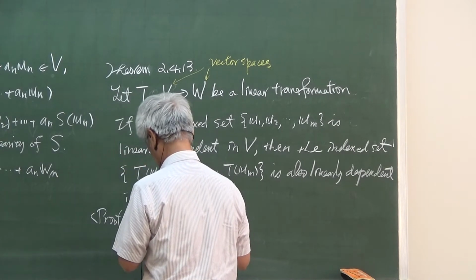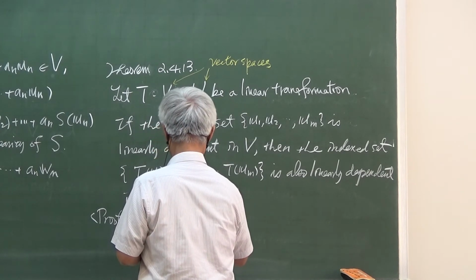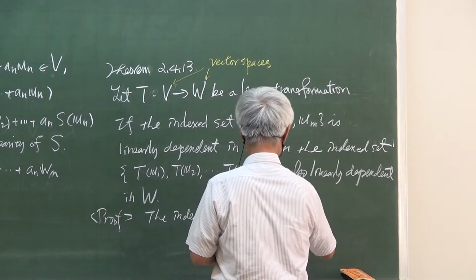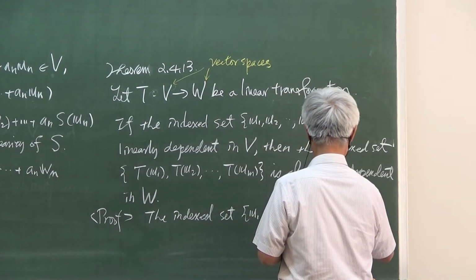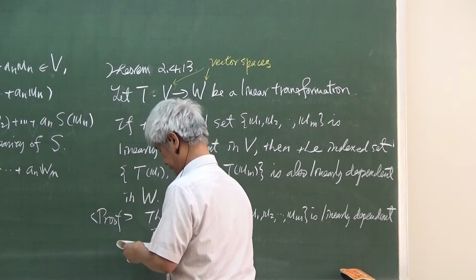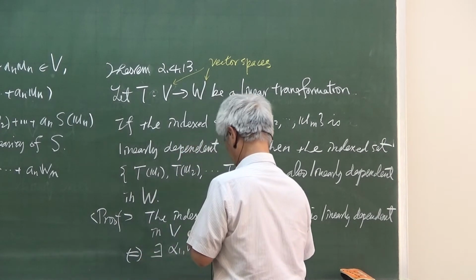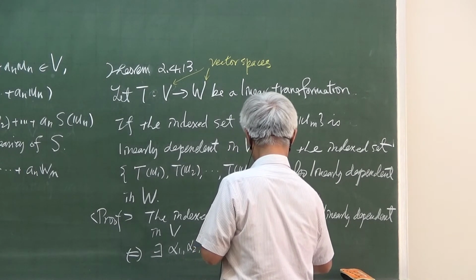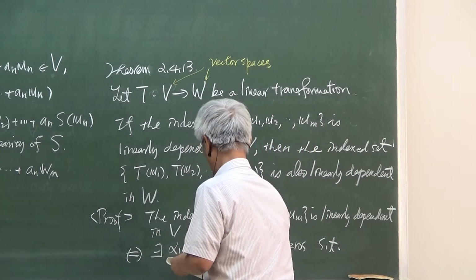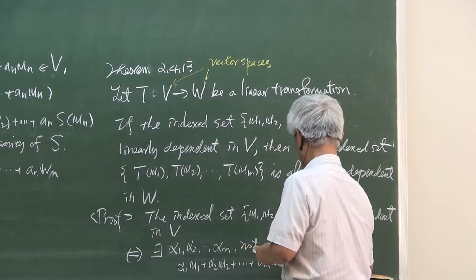The proof. The index set U1, U2 up to Um is linearly dependent in V if and only if there exist alpha 1, alpha 2, up to alpha m, not all zeros, such that alpha 1 U1 plus alpha 2 U2 plus up to alpha m Um equal to the zero vector.